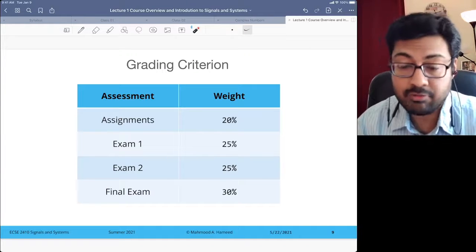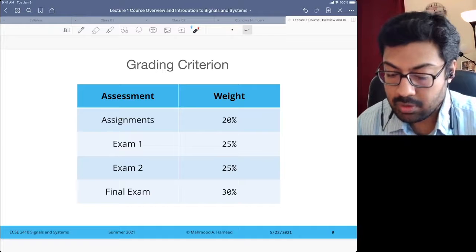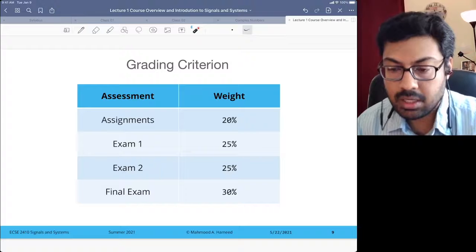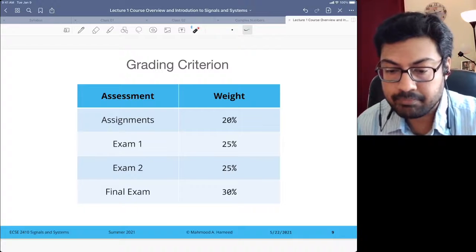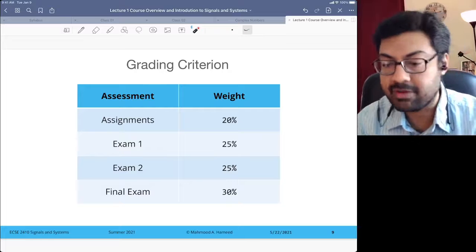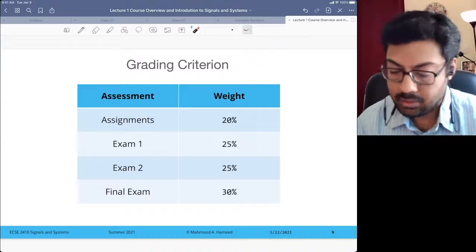If you have something that you can write on a digital device, maybe an iPad, you can download that PDF, write on it along with me, and then you will have those notes.